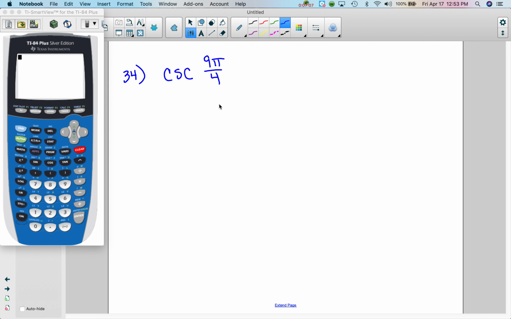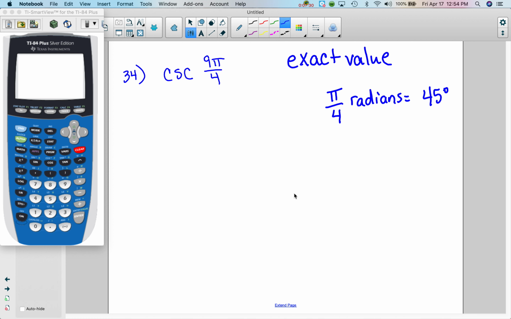The other problem I was asked about is we were asked to find the exact value of this. So how do you do that? Well, you're going to have to know these values that we talked about. So you have to know that pi over 4 radians is 45 degrees, because you're used to the 45, you're used to 30, 60, 90 triangles.